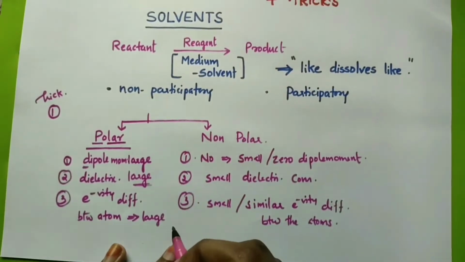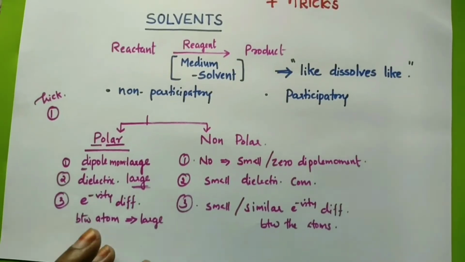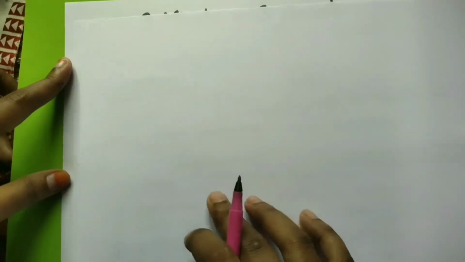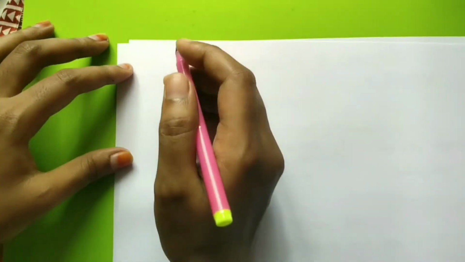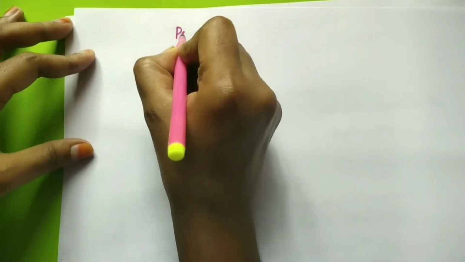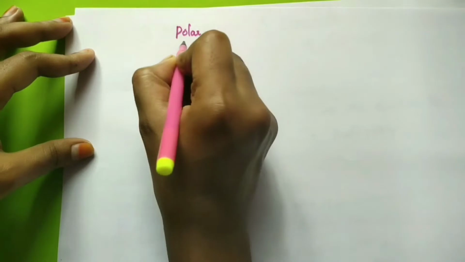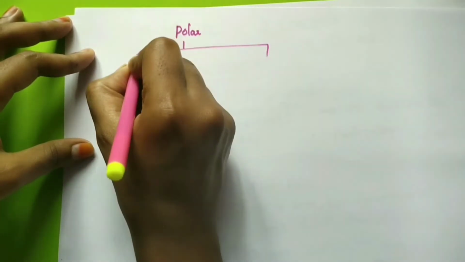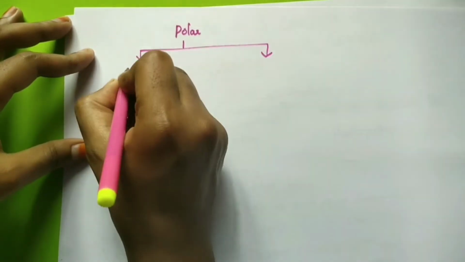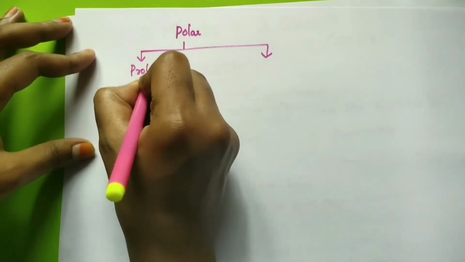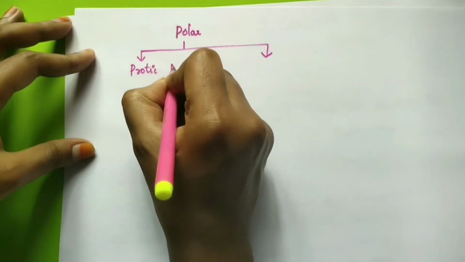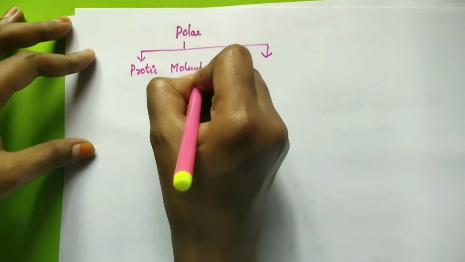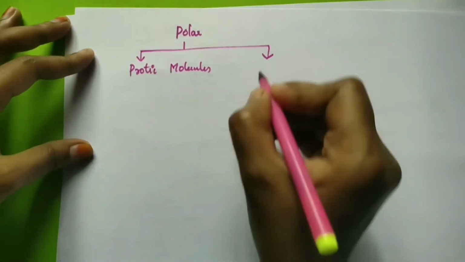Now, the trick is not completed yet. Don't worry, there is a little bit more. You have to remember that polar molecules are again divided into two, namely protic molecules and aprotic molecules.